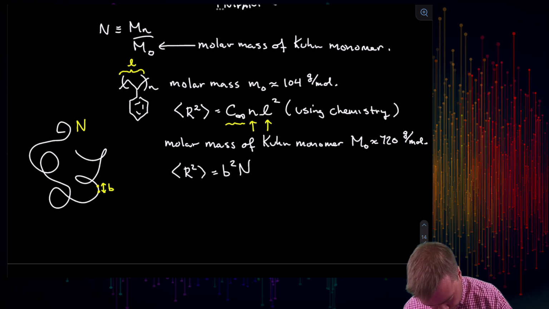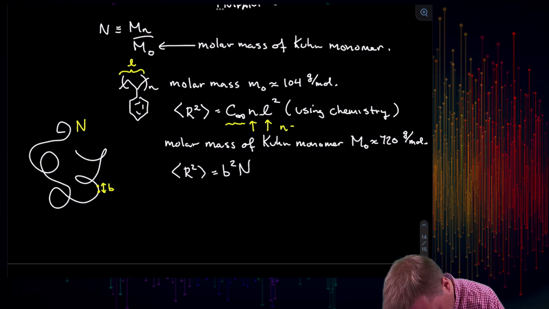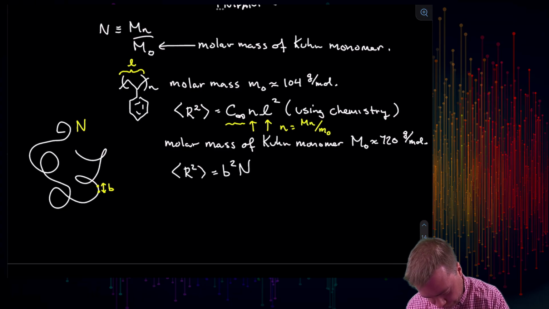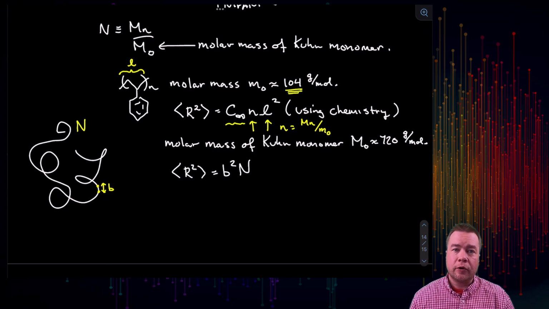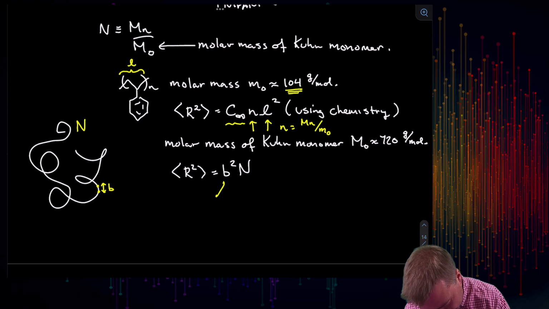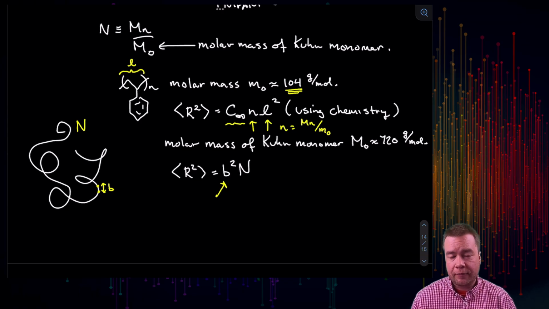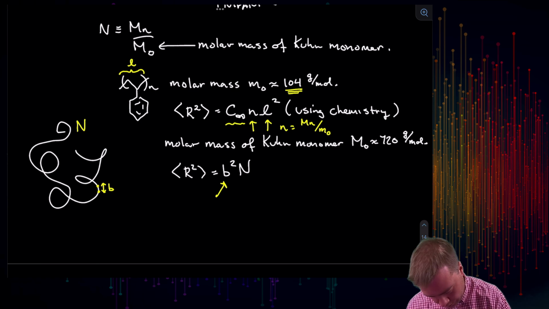All right, so in the example above, little n is equal to the molecular weight of your polymer divided by little m0, right? Which in this example is 104 grams per mole. For using the equivalent freely joined chain, B squared, we have to look up the Kuhn length for styrene, or we'd have to measure it with some techniques that we'll talk about later. But we know that this is 7 angstroms.